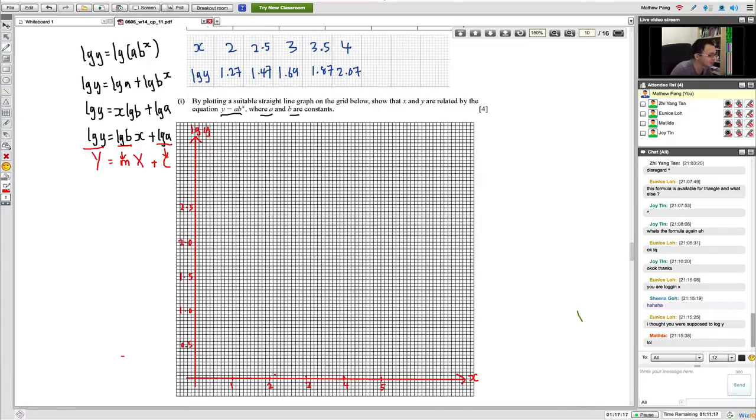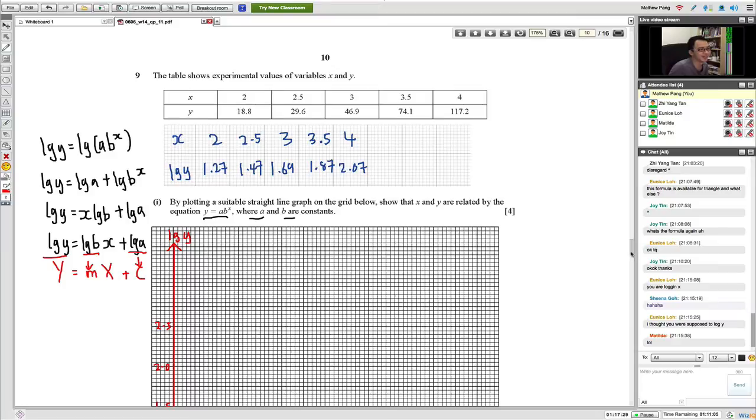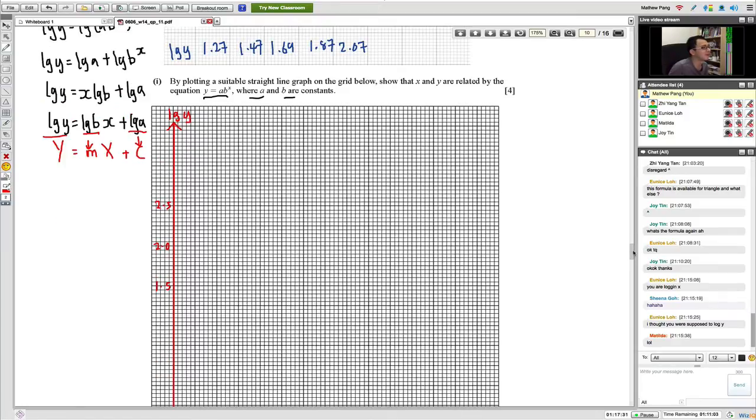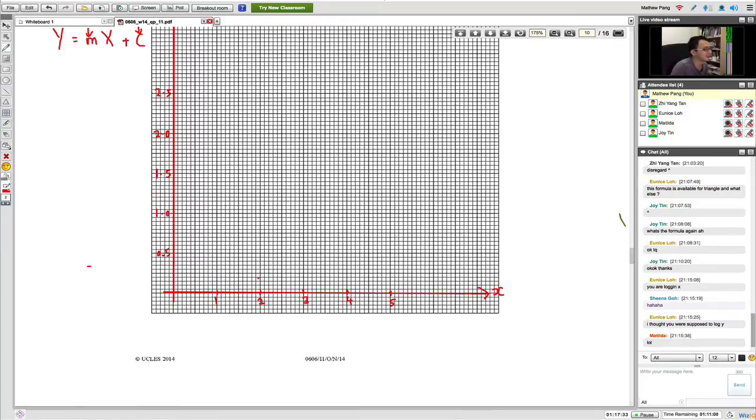It's so hard for me to see, I have to zoom in. If not, I cannot see. Now 10 boxes, right? Each box should be 0.5. So 1.27 is here, just roughly.